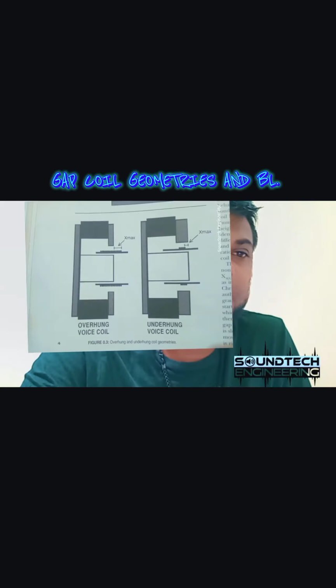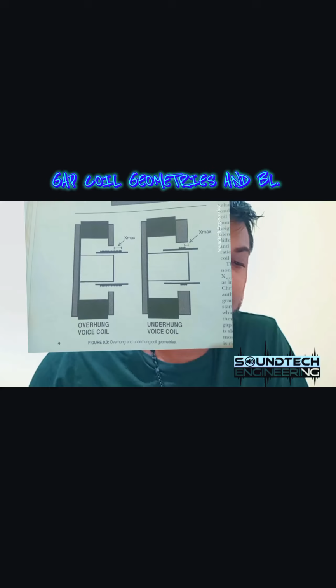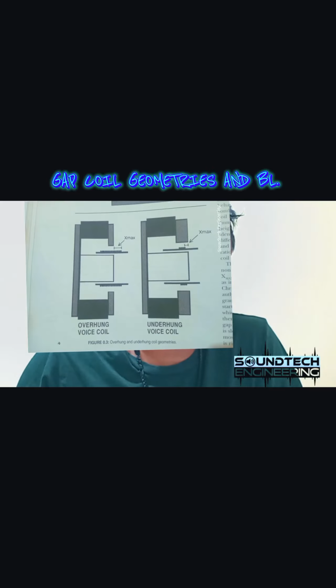Now this image here displays two coils, the overhung and the underhung. The overhung is by far the most commonly used. You will also see a distance labeled Xmax. In the diagram, that represents the distance over which the coil can travel in one direction and maintain a constant number of turns in the gap.